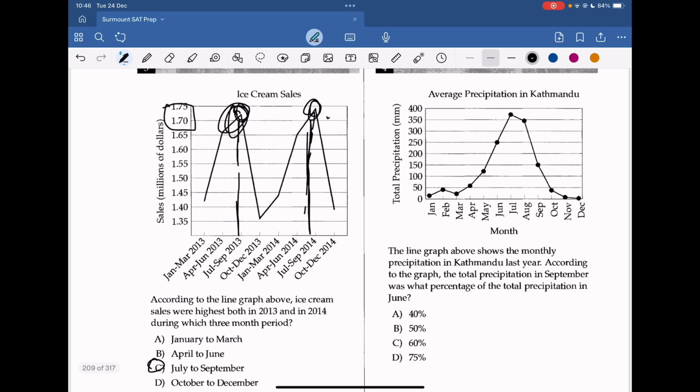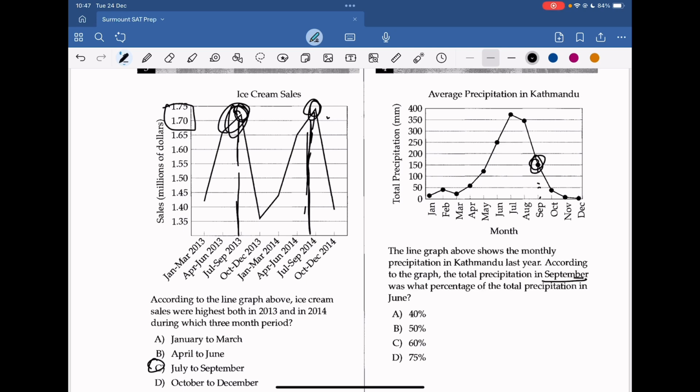Question 4. The line graph above shows the monthly precipitation in Kathmandu last year. According to the graph, the total precipitation in September was what percentage of the total precipitation in June? Let's look at the total precipitation in September first, and we can estimate that to be 150.